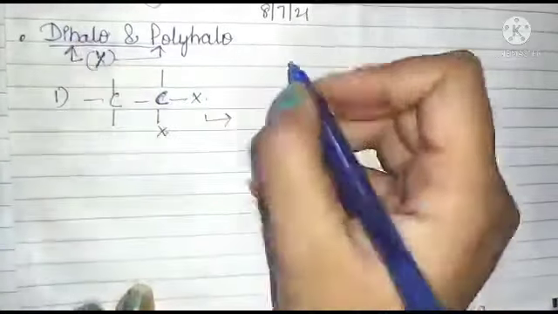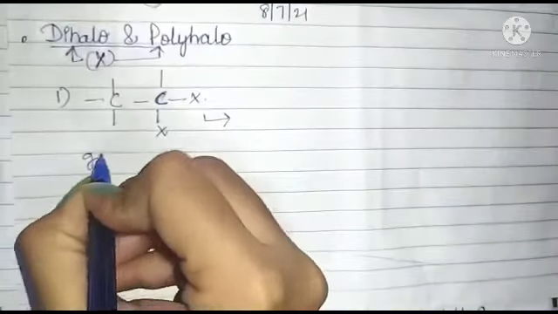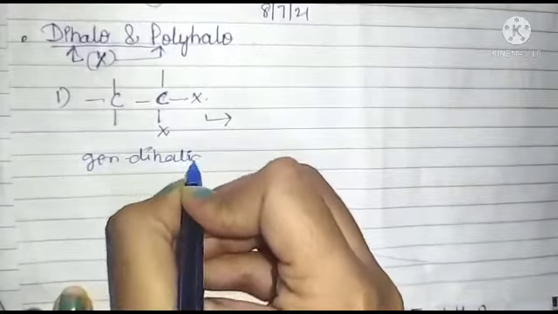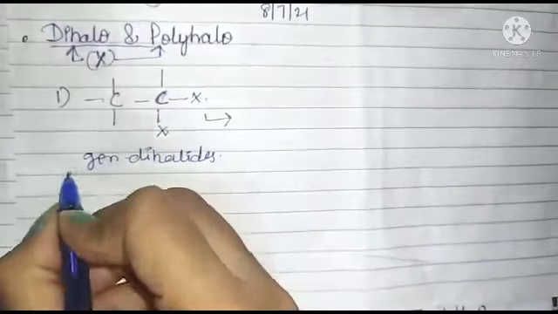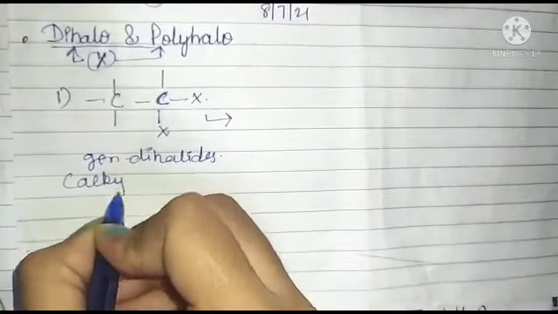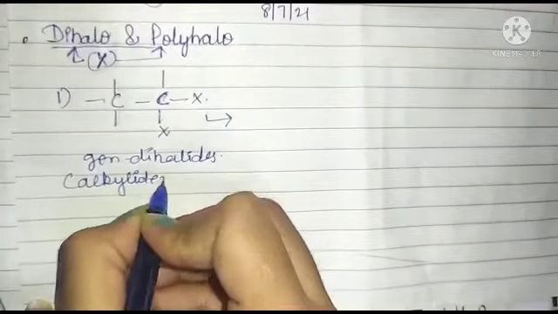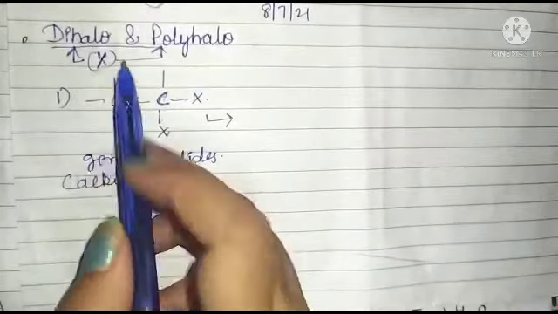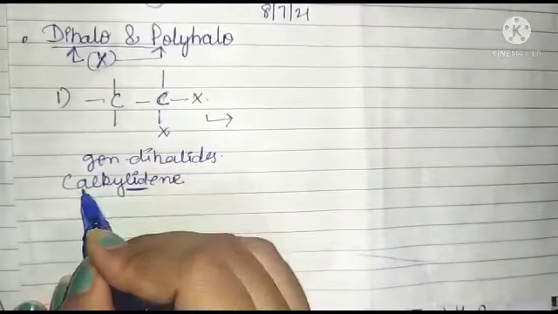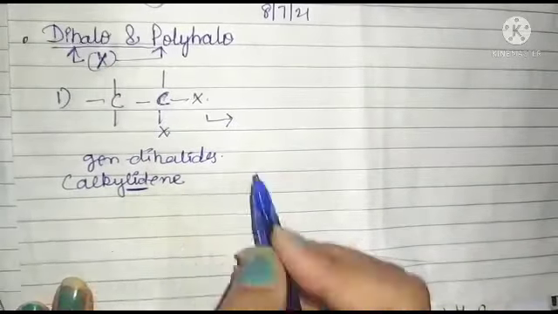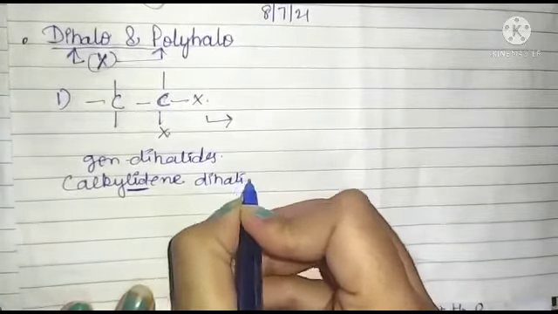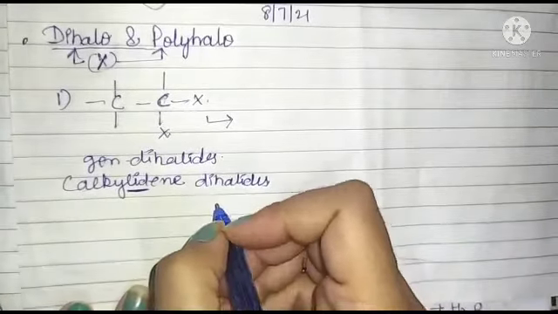Okay, so we can call them gem dihalides, or these can also be written as alkylidene. Okay, now when we are writing the name of that, there is a special naming for these compounds, so we are writing here alkylidene dihalides. Clear? These are of the first type.